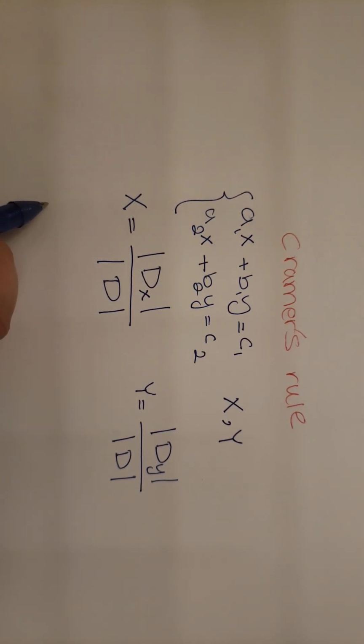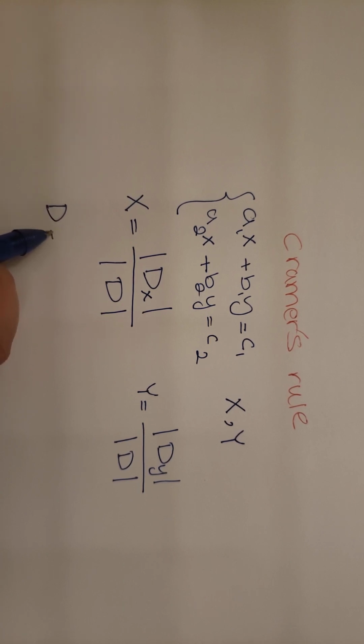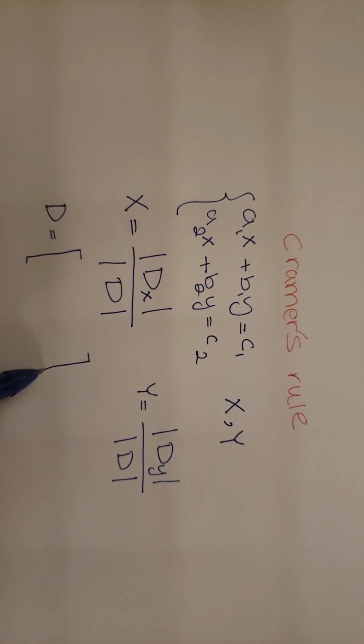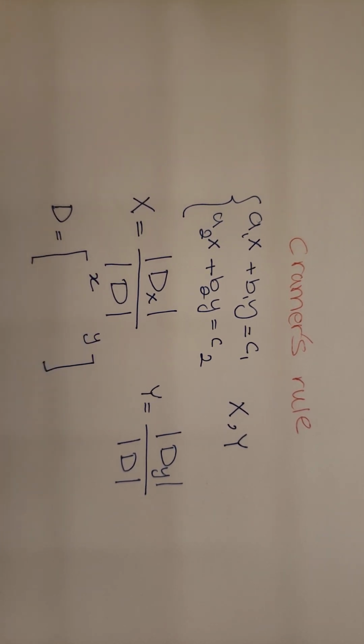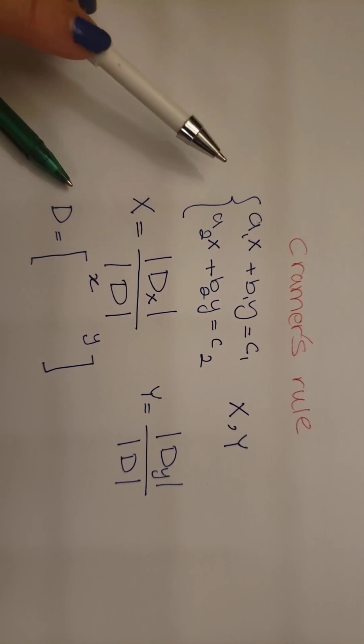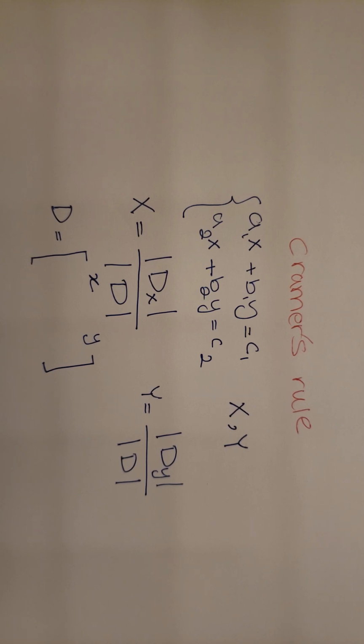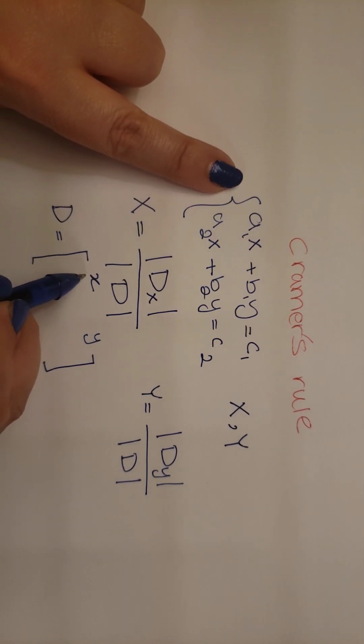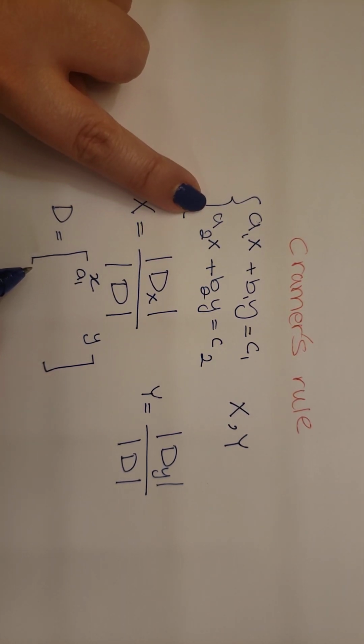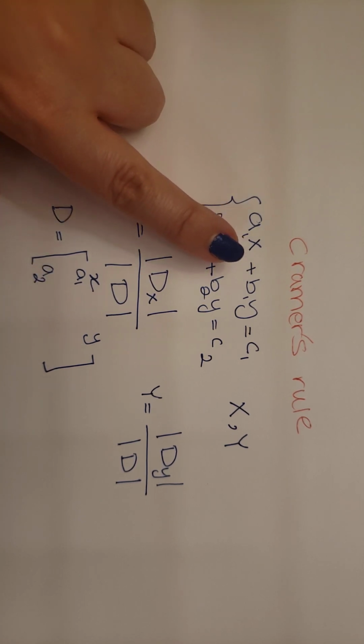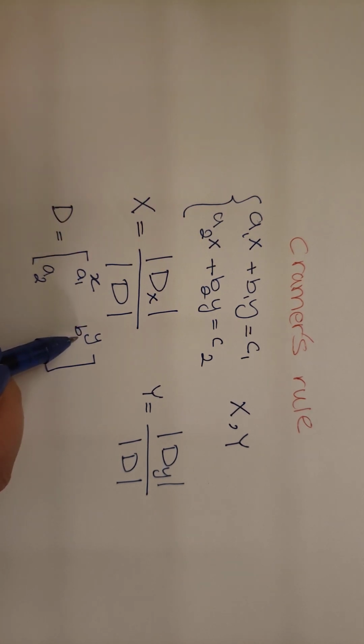Then you can define your D matrix to be the coefficients of x, the coefficients of y. We start with the first equation. Here, the coefficient of x is a1. The coefficient of x in the second equation is a2. How about y? b1 and b2.